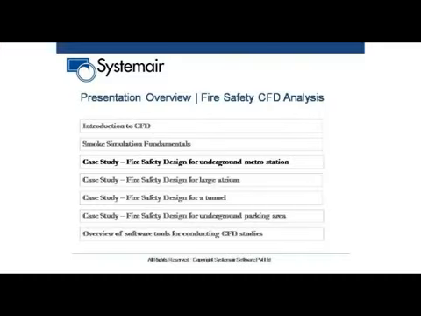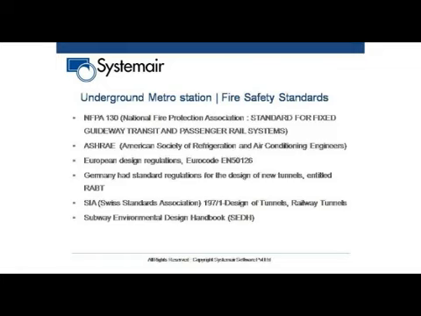First of all is the design of an underground metro station. The case study I'm presenting is for a retrofit job of an existing metro station in which there was no smoke ventilation design, only normal ventilation. NFPA 130 is the standard used for smoke ventilation design for metro rails and other rail systems as well.